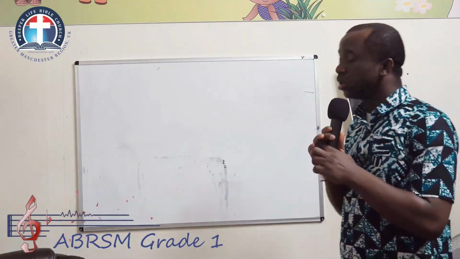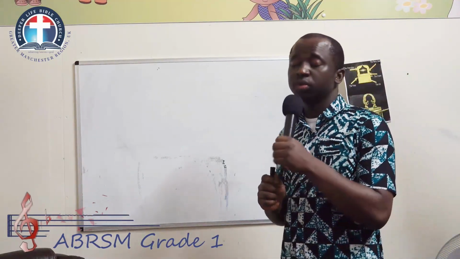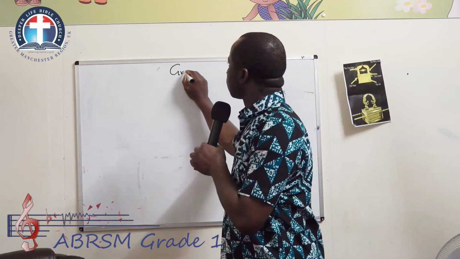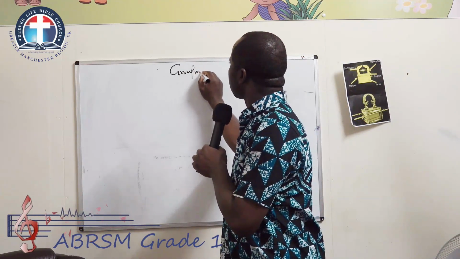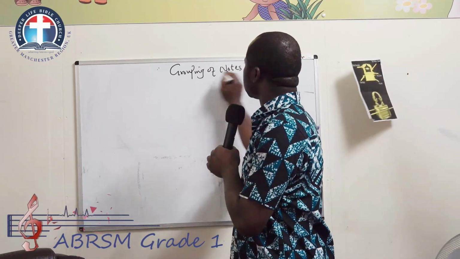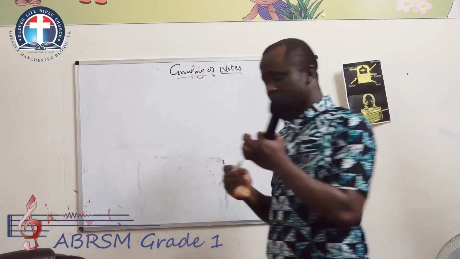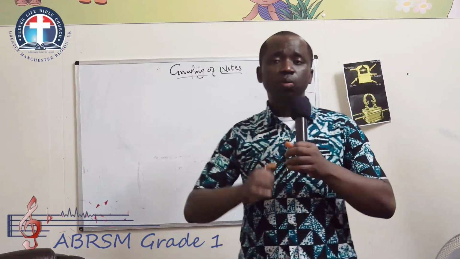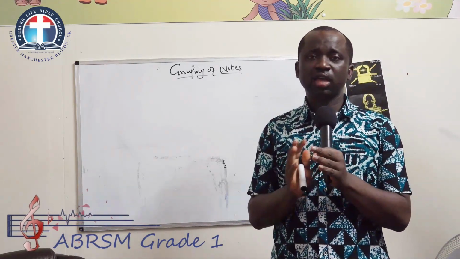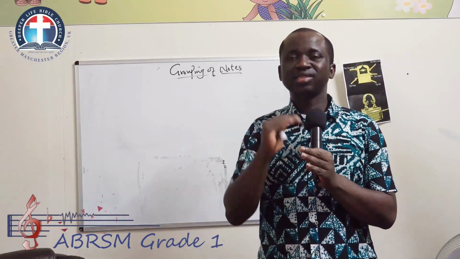We'll be talking about grouping of notes. We'll start with grouping of notes. That's lesson 7. So we've talked about the simple time signatures, and you already know that for grouping of notes, for this level, they will only ask you to group notes in certain time signatures.